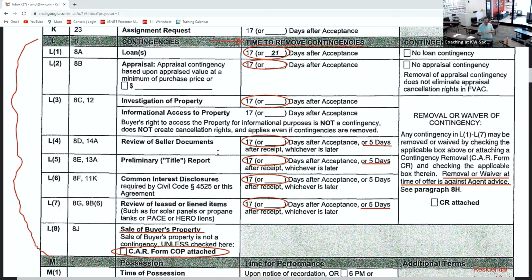And good faith is a really vague term, but it could be something as simple as, after we got under contract, my wife, one of the buyers, had a horrible dream about the property. She's very superstitious, and we decided to cancel. That is a good faith basis for cancellation.